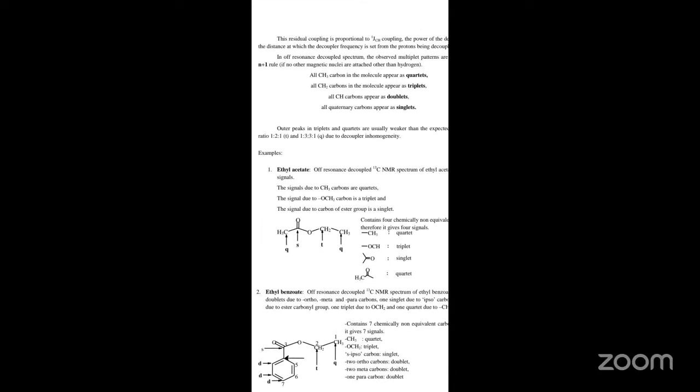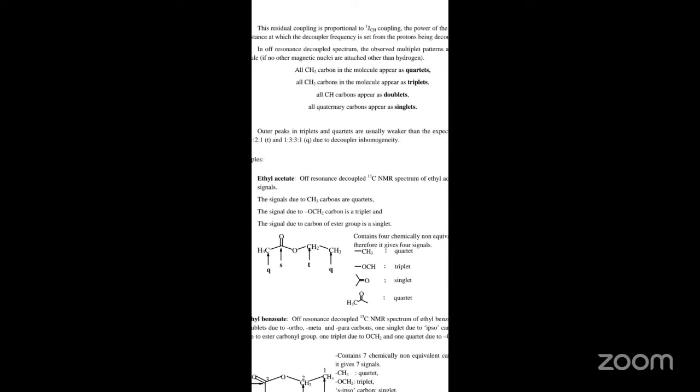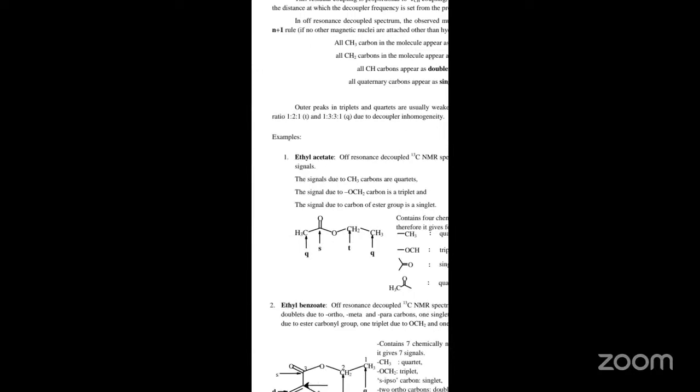And here is the calculation of the chemical shift values for these protons and carbons. Here we see that for CH3, we get the quartet because we consider the protons directly attached to the carbon. So for the CH2, we get the triplet here, and for CH, we get the doublet. It is somewhat different from your H1 NMR spectra.